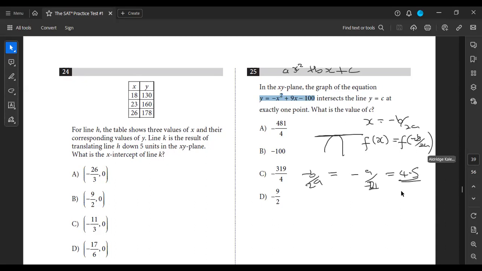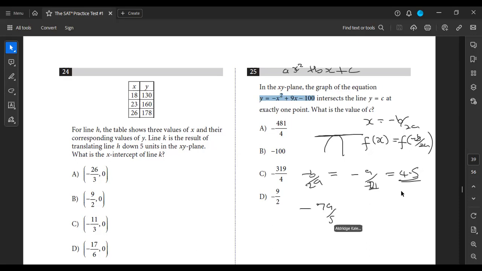So this is probably the quickest way. We know that our x value is 4.5. Can you guys substitute 4.5 in your calculators real quick in the equation? I'm going to do the same thing right now. So negative 4.5 squared plus 9 times 4.5 minus 100.